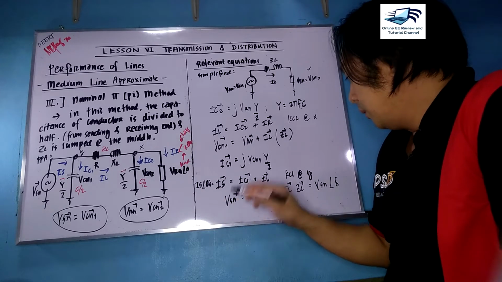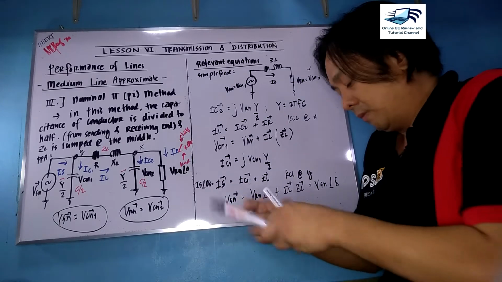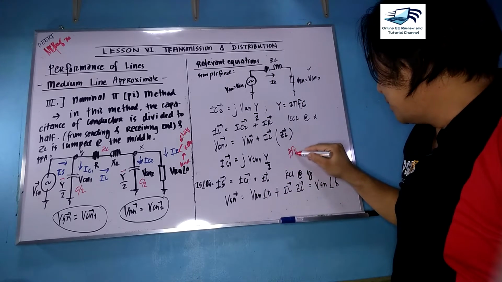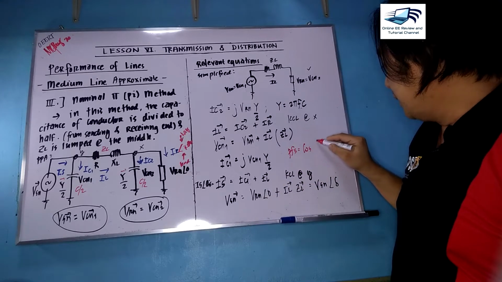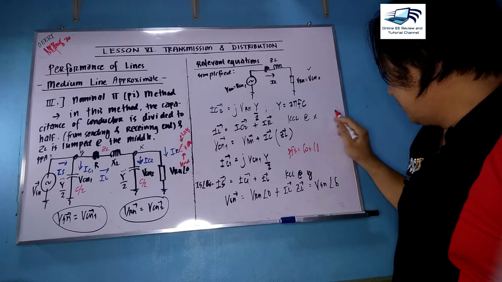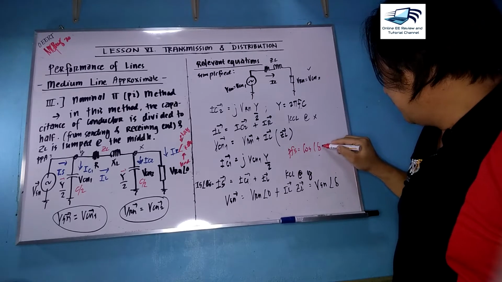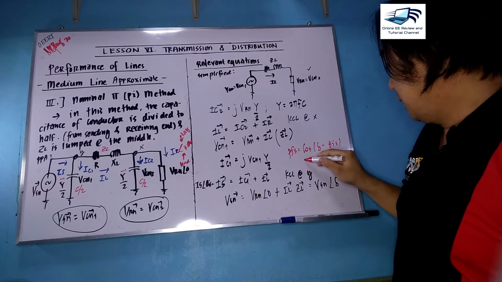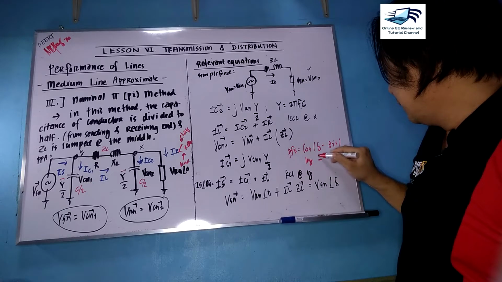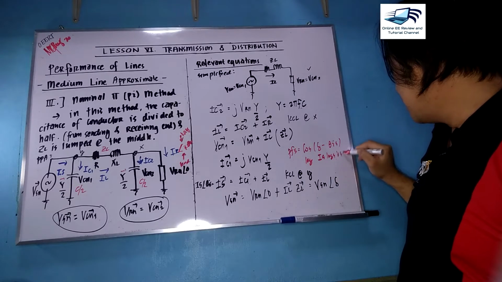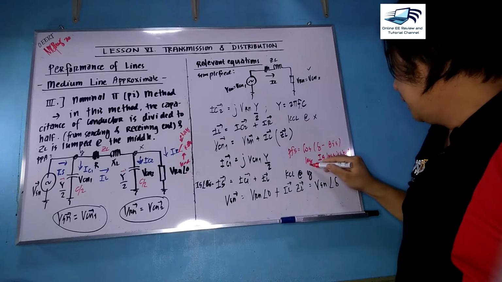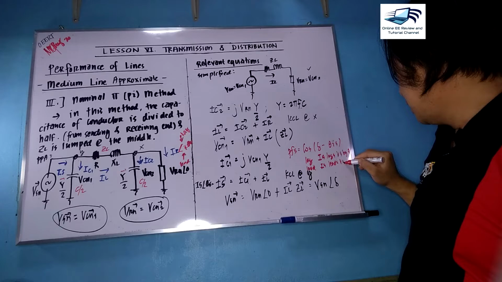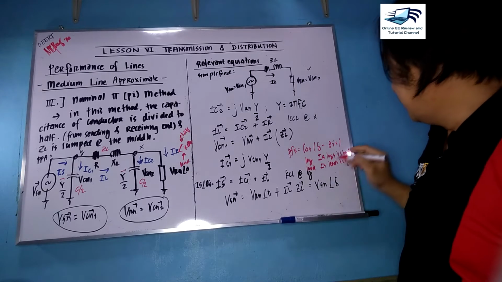So you can now get the power factor. I will use a red pen. The power factor at the sending end is definitely cosine of theta S, wherein theta S is alpha minus theta IS. Considering a lagging condition, IS must lag VS by an angle theta S. And considering leading, IS must lead the voltage by an angle theta S.